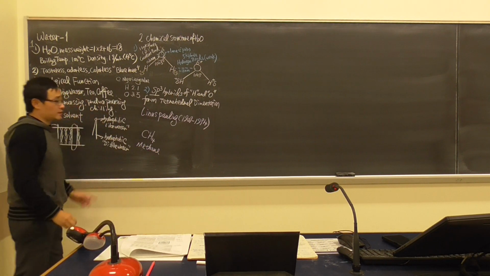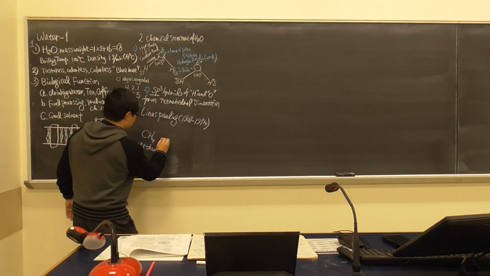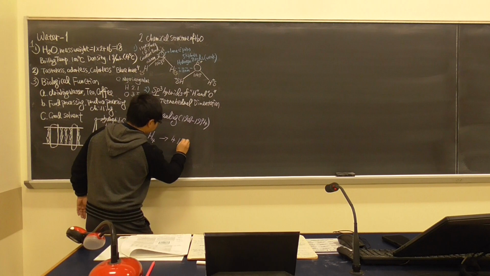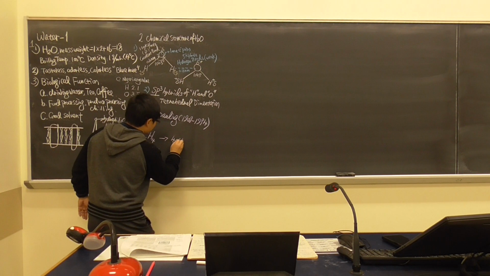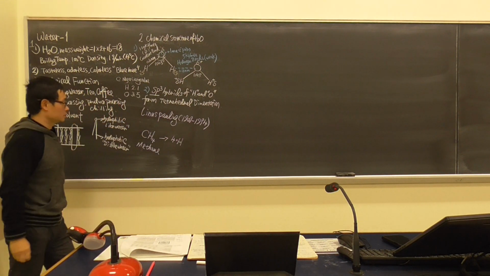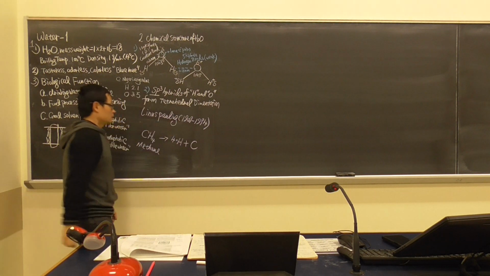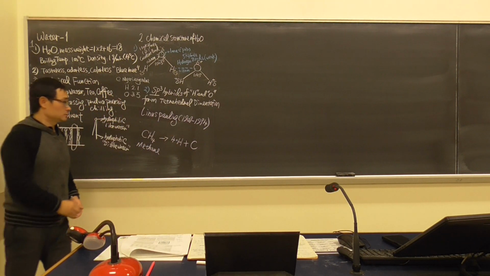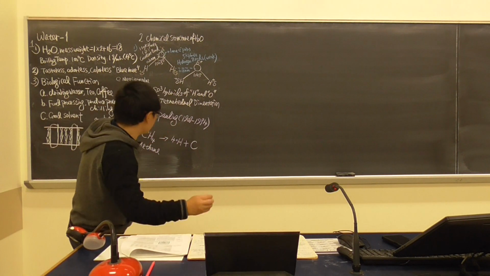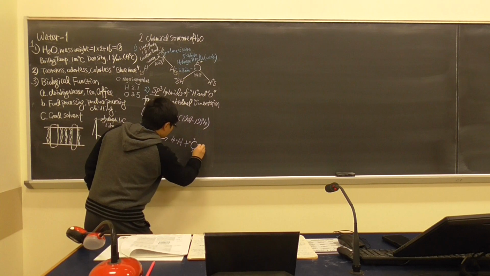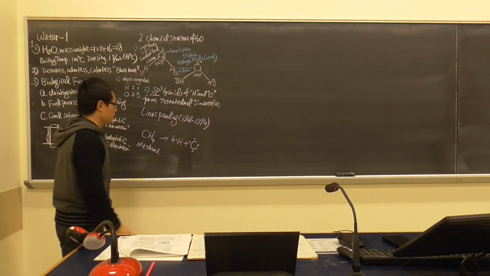So what does it look like? We talked about this already. This looks like 4 hydrogens, each having 1 electron, and then you have a carbon, and the carbon has 4 electrons in the outer layer.